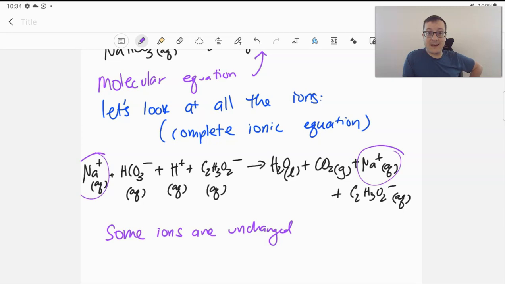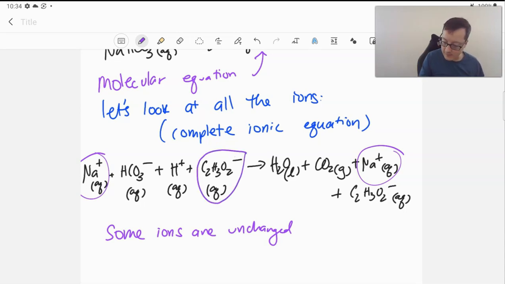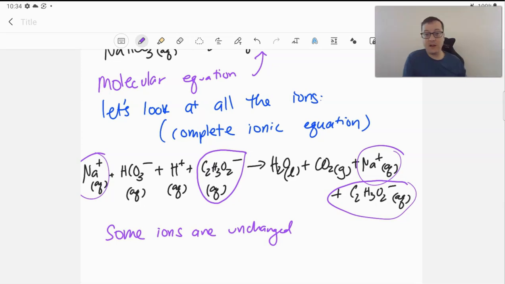We see that it is unchanged. It is exactly the same as it is on the product side. Sodium plus aqueous on the reactants, sodium plus aqueous on the products. They are identical. And we also see that the acetate ion is also unchanged. C2H3O2 minus aqueous on both sides. They're exactly equal to each other.